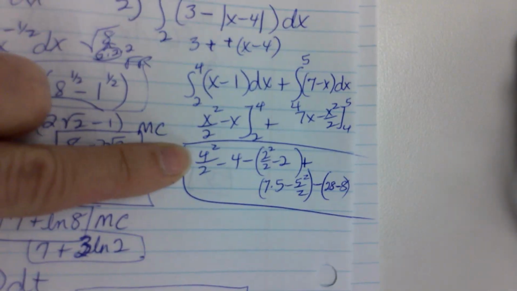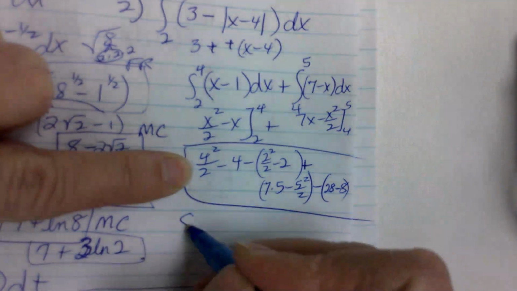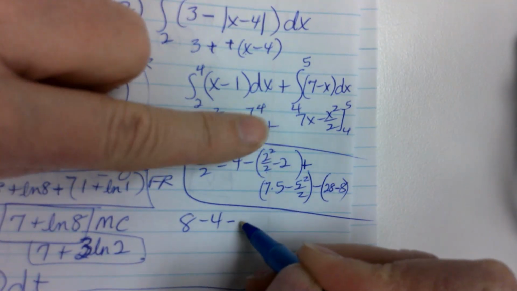Can anybody help me? What's 4 squared? 16 over 2, 8. 2 squared is 4 over 2, 2.